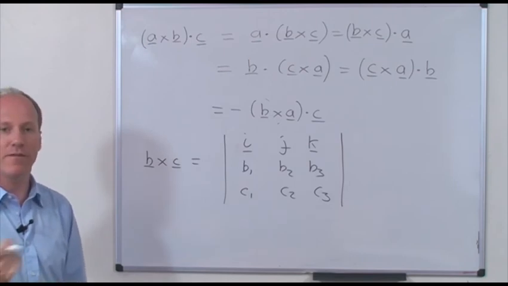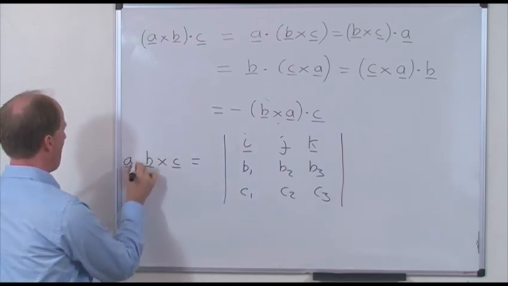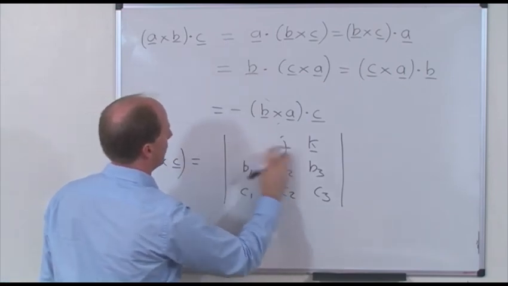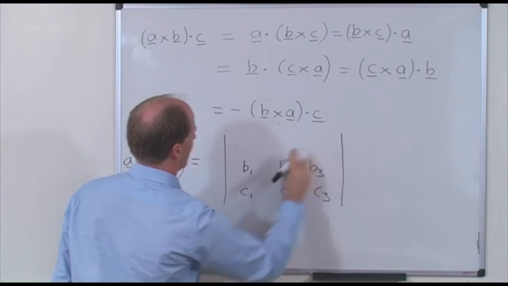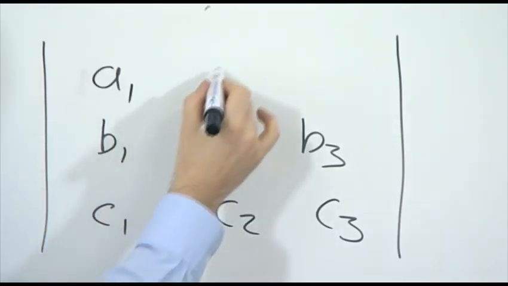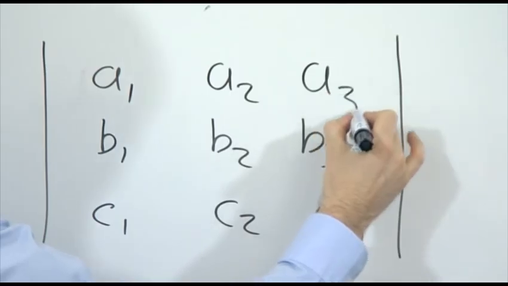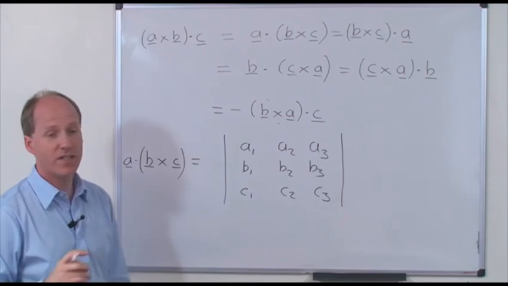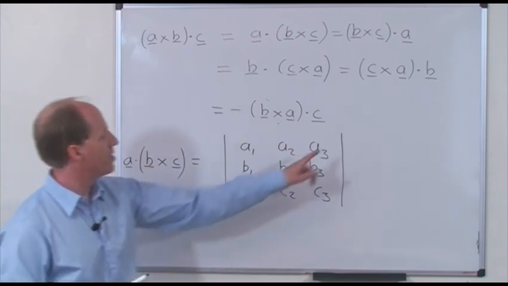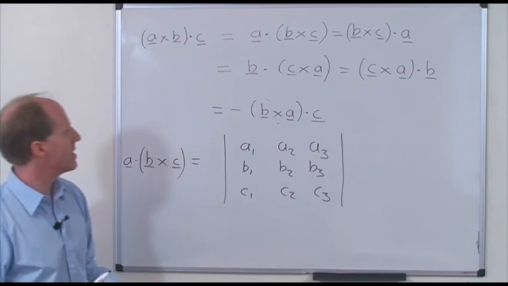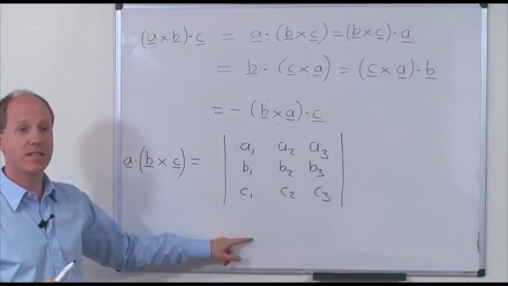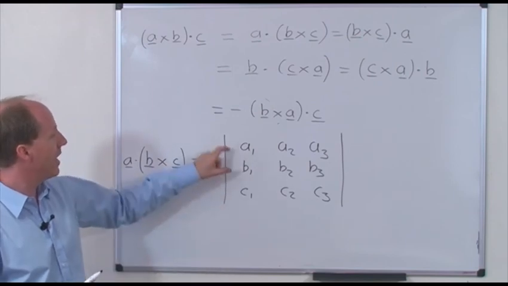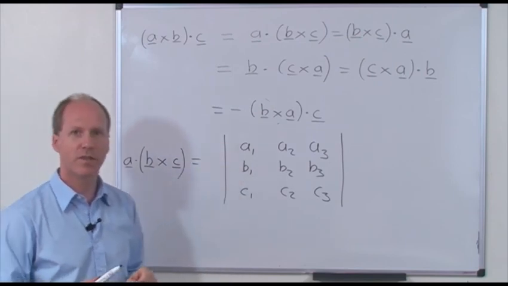And therefore, if I dot it with A, I can do that by replacing the first row with A. So I get A1, A2, A3. And now, from the properties of the determinant, we know that we can swap round the rows in a cyclic manner and the determinant stays the same. Also, if you swap any two rows, then you change the sign of the determinant.